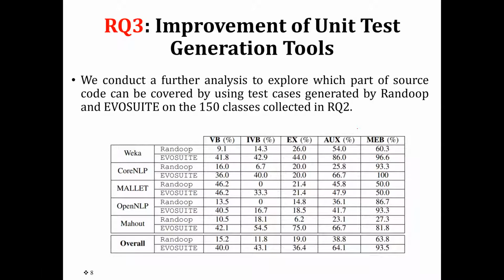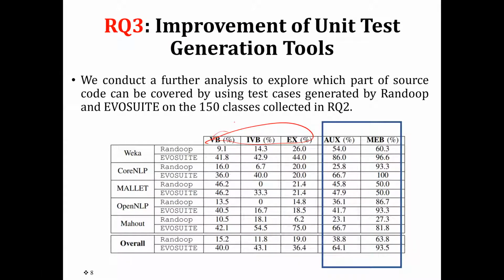So from the table, we can see that overall test cases generated by Randoop and EVOSUITE can help cover more uncovered code blocks on each of the 5 categories compared to the original test cases. However, we can also find that the improvement on different categories is significantly different. For example, on the last two, that is auxiliary method and message handling behavior, the improvement is significantly better than the other 3.